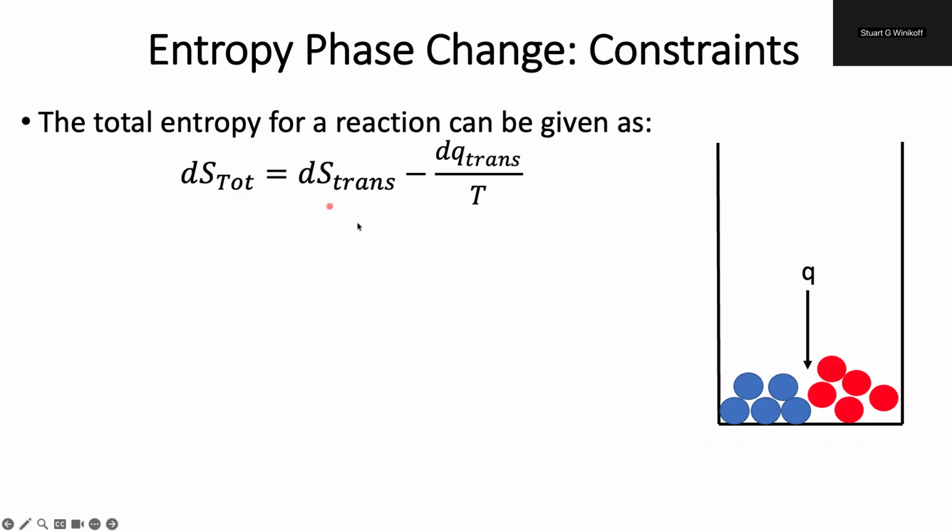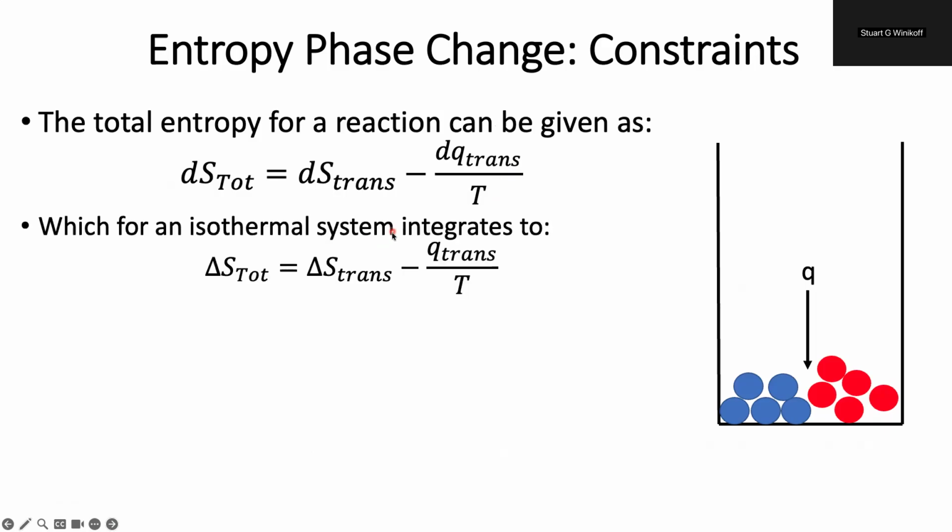And then suddenly taking the integral of the system is actually rather simple. I just get to throw deltas on everything and drop the d on the heat term. So that means my discrete change in total entropy is going to be based on that entropy of the transition, which we still haven't figured out, and the heat of the transition.